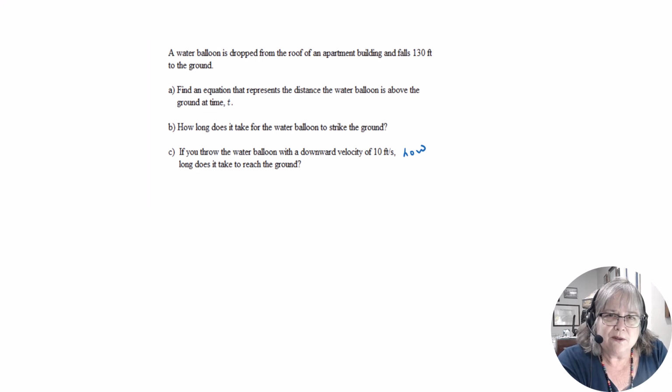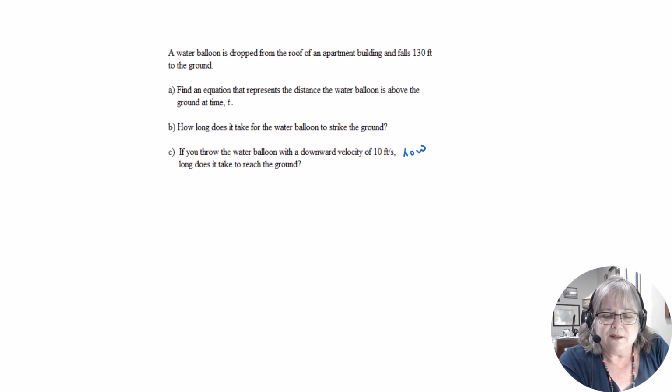So on the original statement, you have to imagine that you're standing there with this water balloon and you just let it go. We're not going to lob it up and then let it fall or throw it down and let it continue falling. We're just going to release it. Okay, that's one of the things that we need to be aware of.